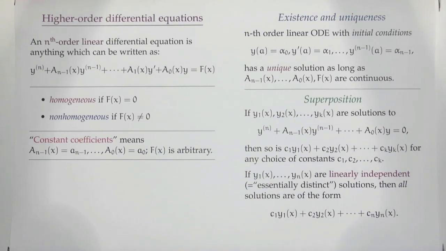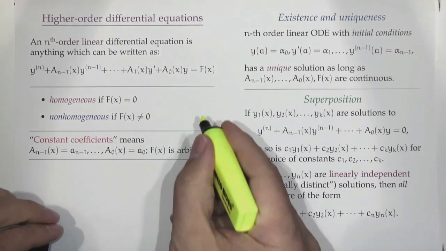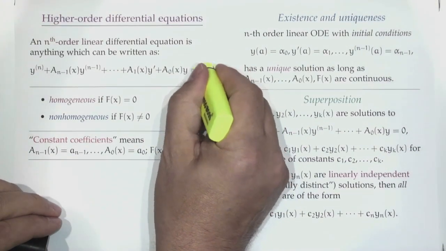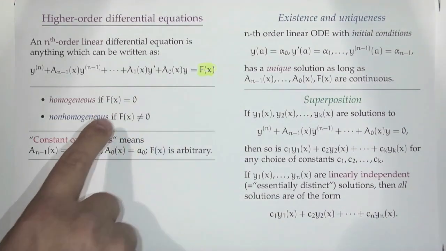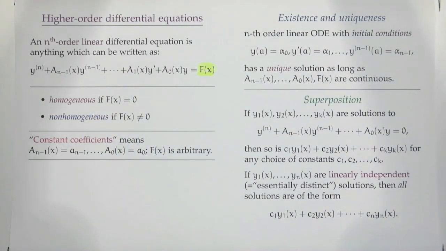Now, a couple of terms. We often care about what happens on this right-hand side, so this f of x. And we split into two cases. So one case is if f of x equals 0. In some sense, that's our preferred case. Lots of good things happen when f of x equals 0. And we will call that homogeneous.